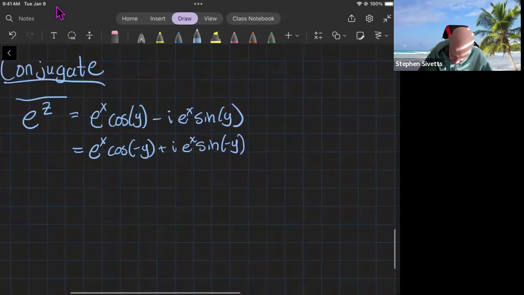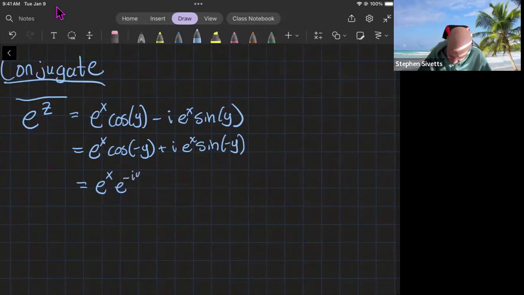So this equals e to the x times e to the minus iy, which equals e to the x minus iy.